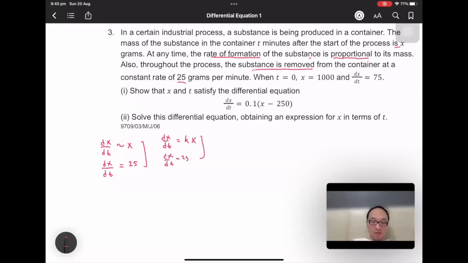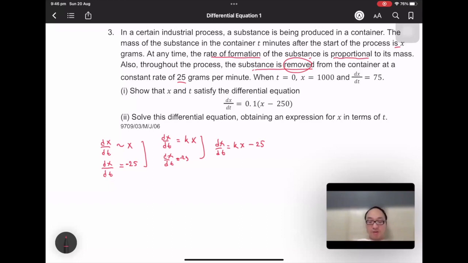To combine this, dx/dt equals kx minus 25, because this is removed. So I have to put a negative here.